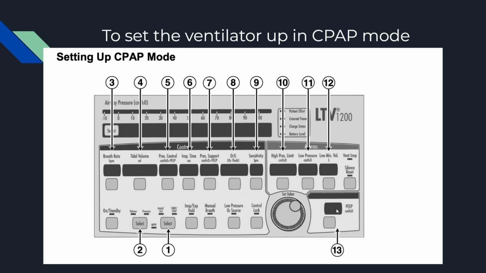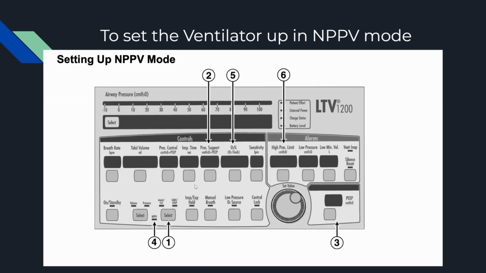You want to set that to whatever you need your PEEP to be at for the CPAP. Usually it starts at 5 and works its way up to 10 to 15. And then you set the breath rate. You turn it all the way up until it's just showing dashes. And that tells it to be on CPAP mode. That's the important part.